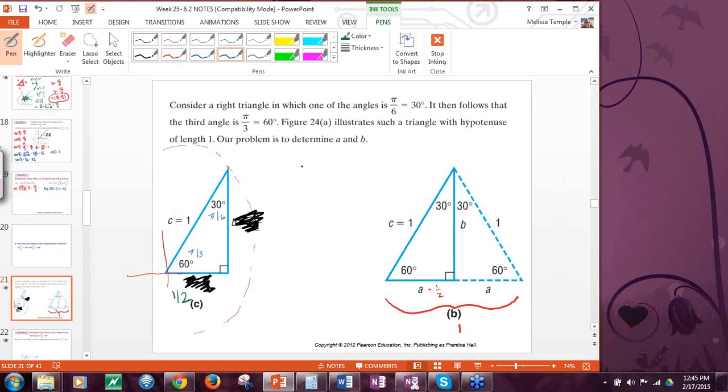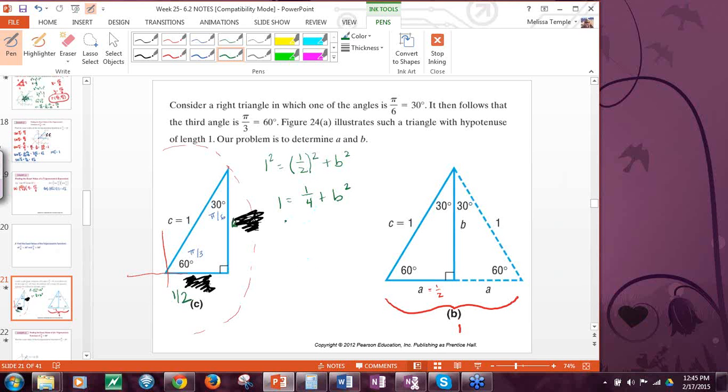Again, I'm going to use Pythagorean theorem. 1 squared is equal to 1/2 squared plus B squared. Looking here at this triangle, here's my B. I need to solve the Pythagorean theorem for B. 1 squared is 1. 1/2 squared is 1/4. So 1 is equal to 1/4 plus B squared.